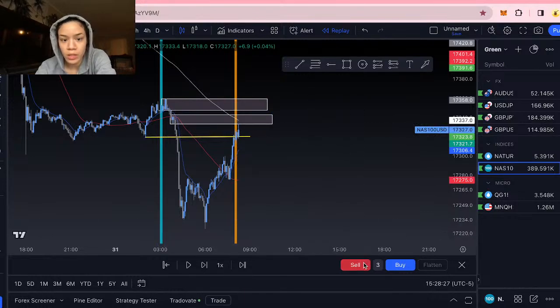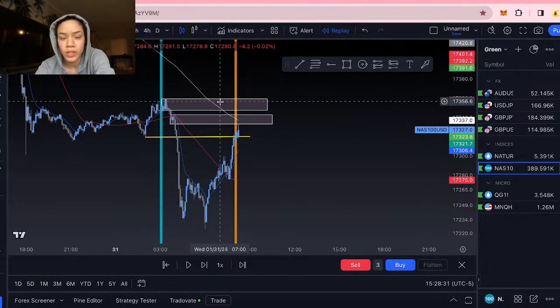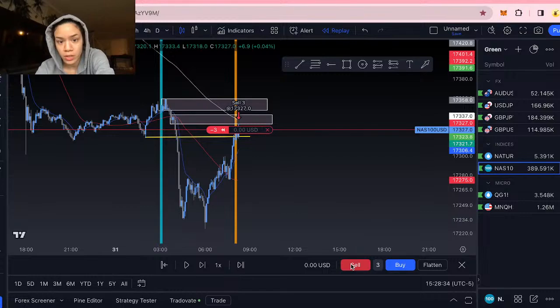So I would have went in for a sell. And you can tell by the EMA that it's coming down, so that's how you know the trend is a downtrend.